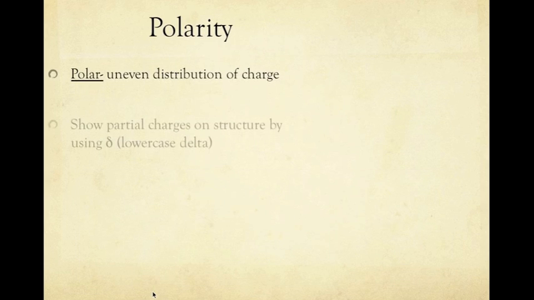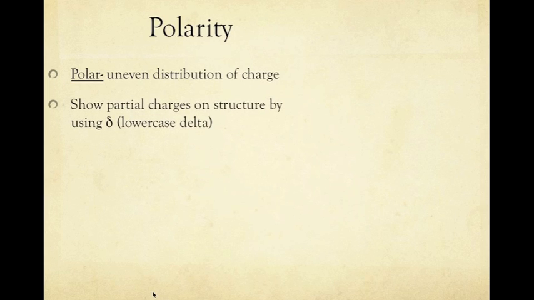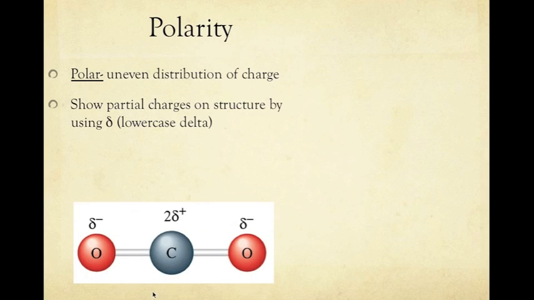Now, polarity is the uneven distribution of charge. That's where we get nonpolar and polar from. Okay, it's talking about polarity. Now, we show the partial charges on structures by using the lowercase delta sign.